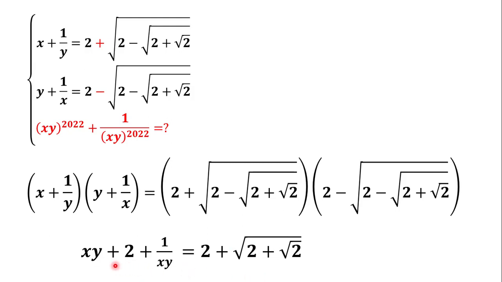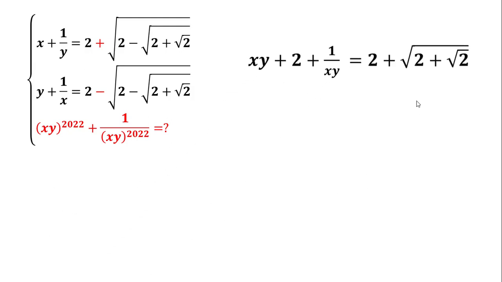We can subtract 2 from both sides, and we're going to get xy plus 1 over xy equals radical of 2 plus radical of 2.